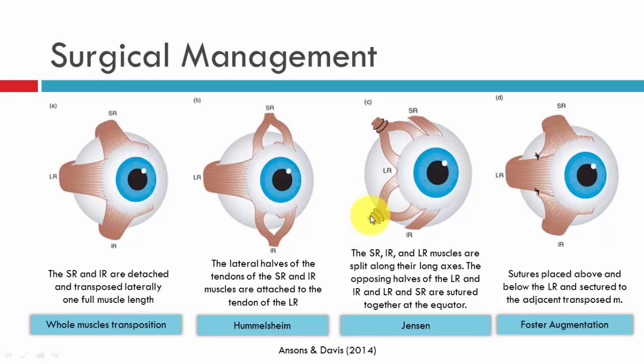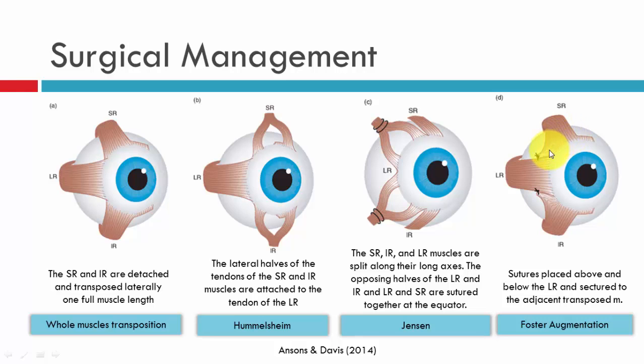The Jensen procedure is similar in that we actually halve the superior rectus, but now we also halve the lateral rectus. And so this half of the lateral rectus is sutured with the superior rectus, and this half of the lateral rectus is sutured with the inferior rectus. And finally, the Foster augmentation procedure, which is similar to the whole muscle transposition.